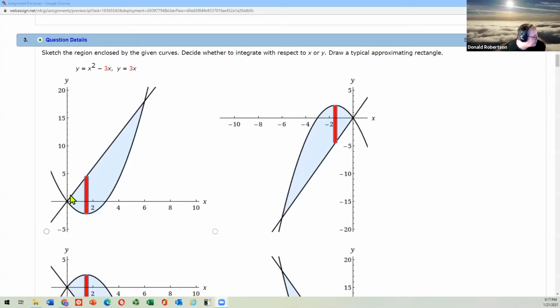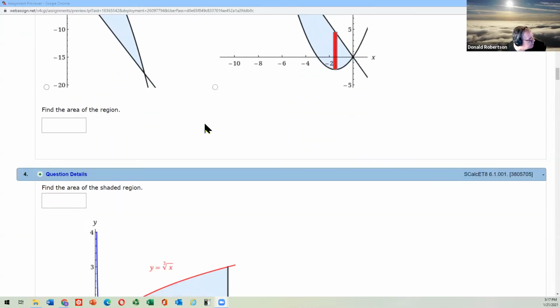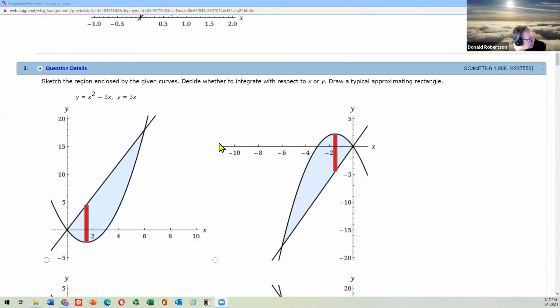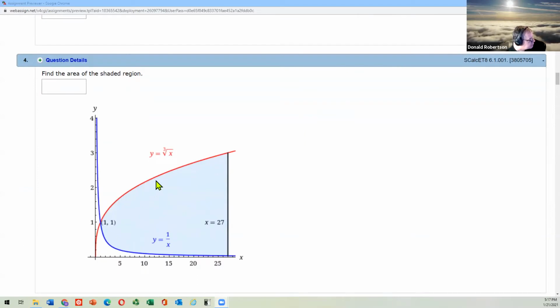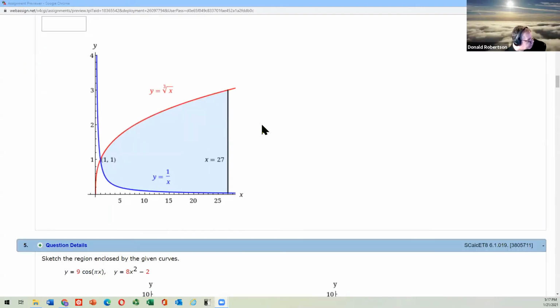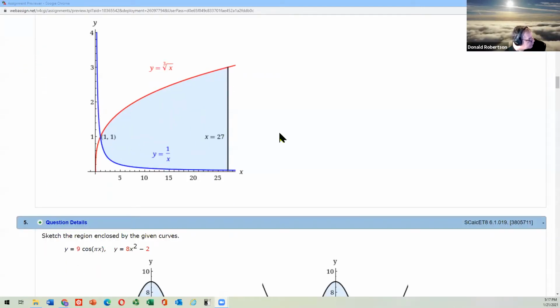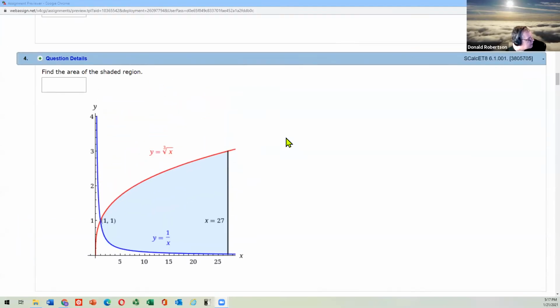Although you could have a fair guess in this picture, I think it's better if you can be sure. But if you want me to do that one, I will. Here's a y equals cube root and a 1 over x kind of function. Again, the picture's drawn with the information given. We could do that one.